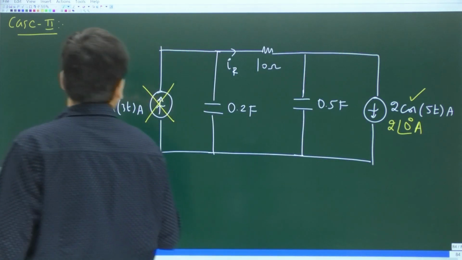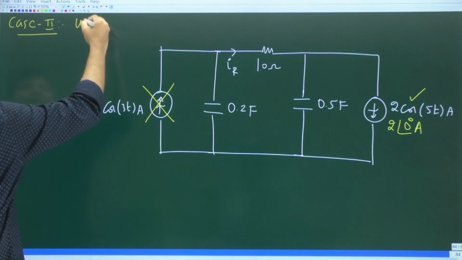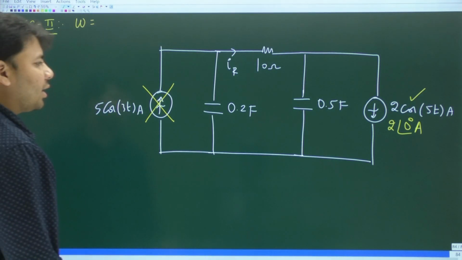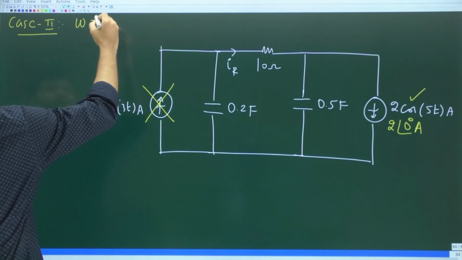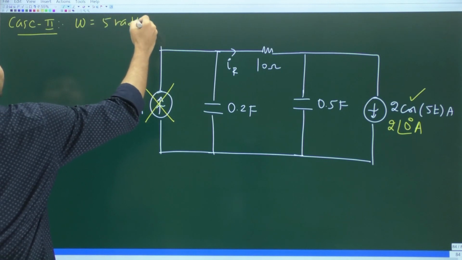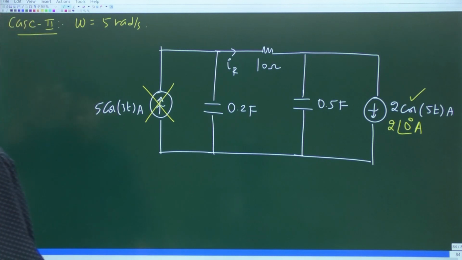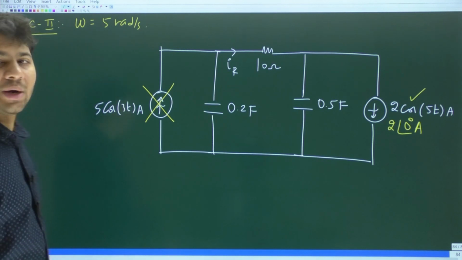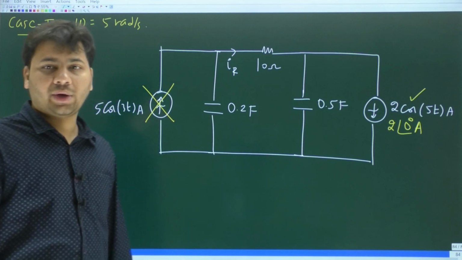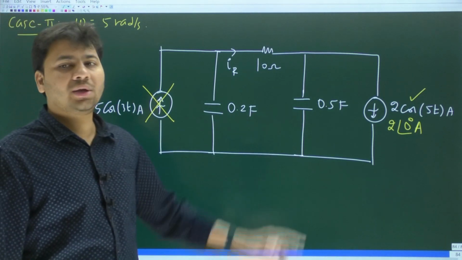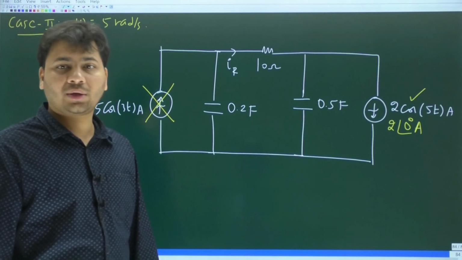Yes. So this time, what is the operating frequency now? Is it not 5 radians per second? Yes or no? 5 radians per second. Again, at this new operating frequency of 5 radians per second, we should find the impedance values of both the capacitors.